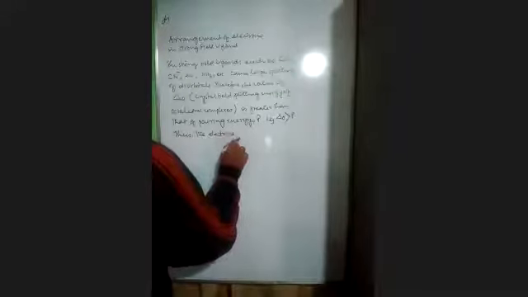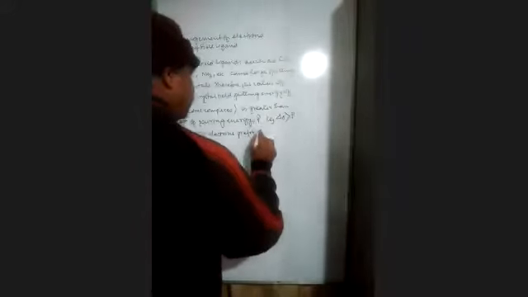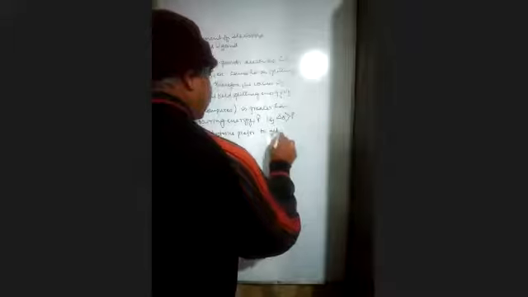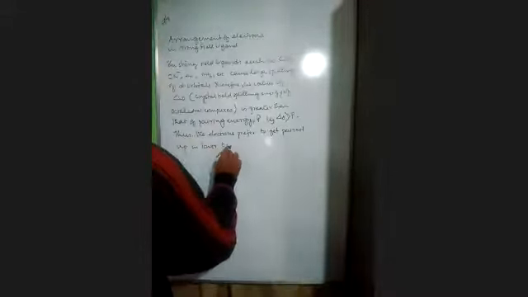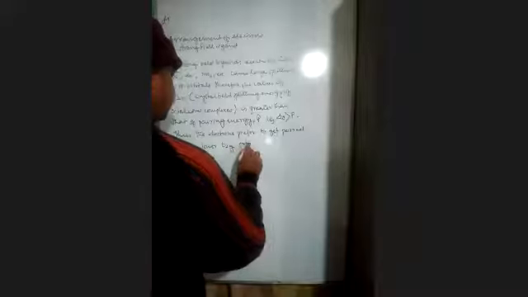Thus, the electrons prefer to get paired up in lower T2G orbitals.